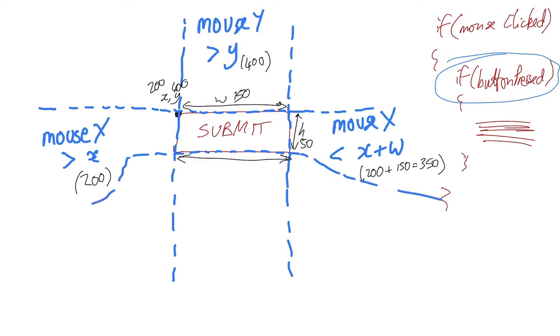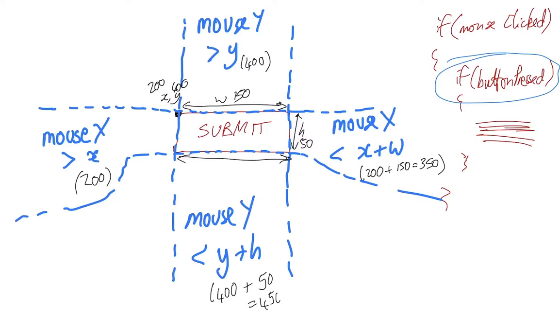We're just going to draw it around this so that we can see that they're all related. And this one is going to be mouse Y less than the Y of the button plus the height of the button. So in pixels, that means 400 pixels plus 50 pixels for the height, so that's 450.